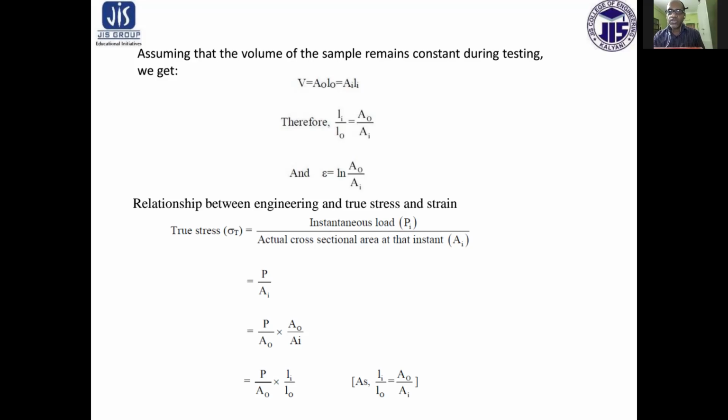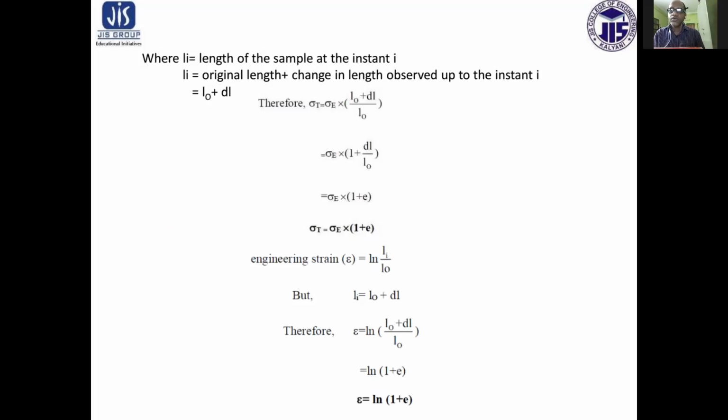So we can again rewrite it as P by A0 into Li by L0 from the relation, where Li is the length of the sample at the instant i, and Li equals original length plus change in length observed up to the instant i, that is L0 plus delta L.